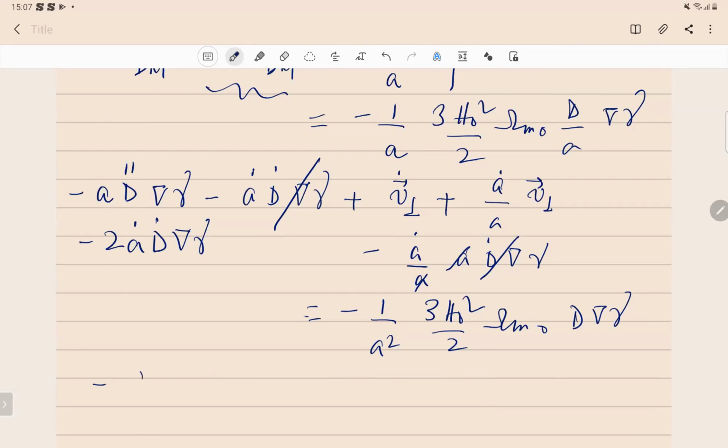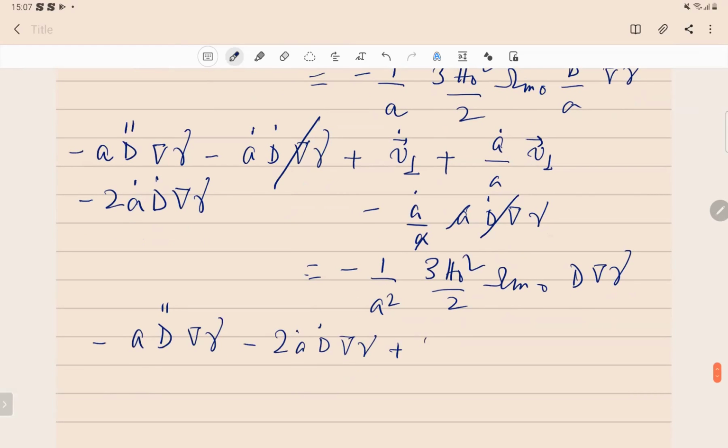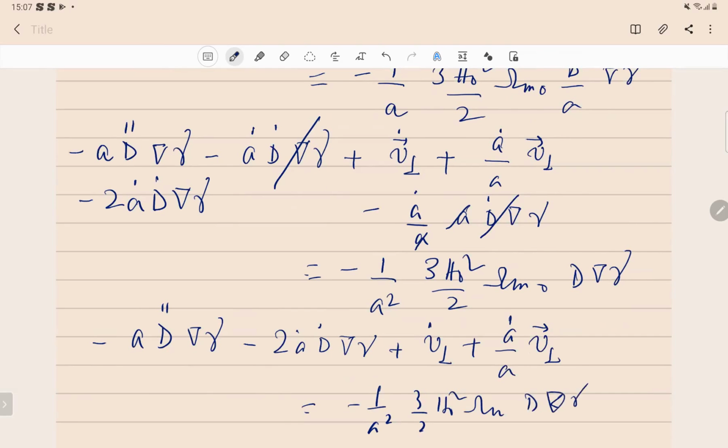So you have minus a d double dot grad xi minus 2 a dot d dot grad xi plus v perpendicular dot plus a dot by a v perpendicular equals minus 1 over a squared, 3 by 2 H naught squared omega m d grad gamma.